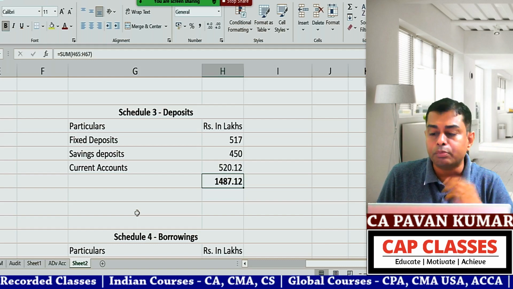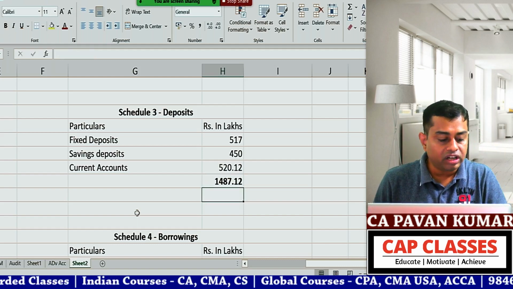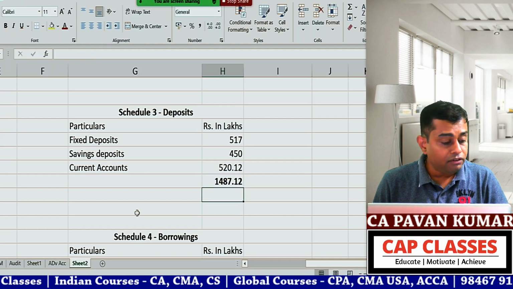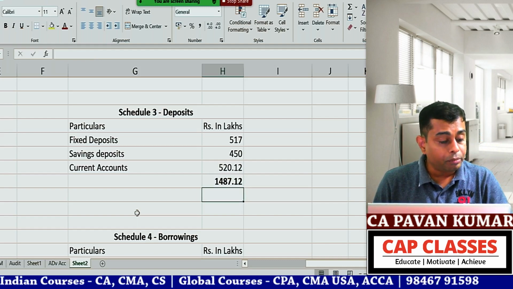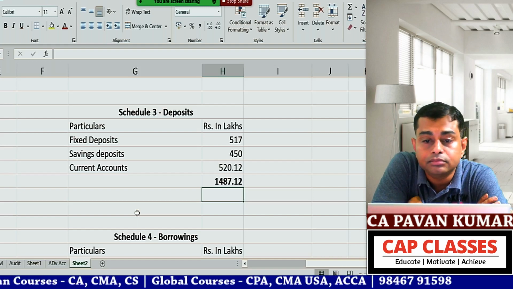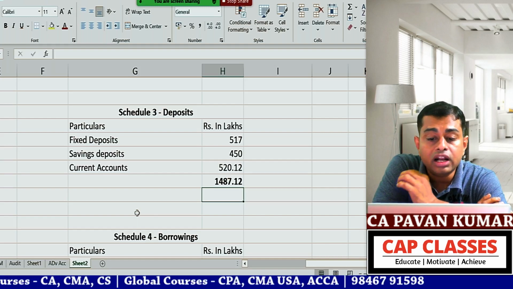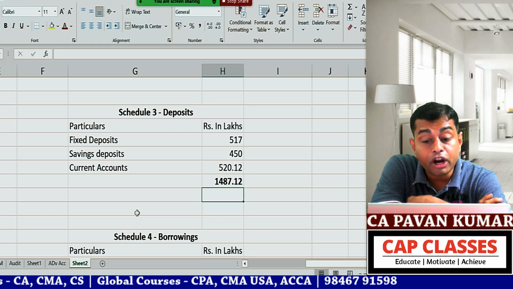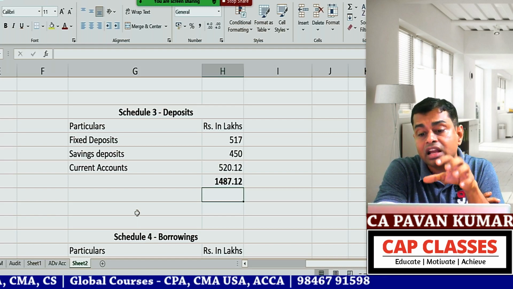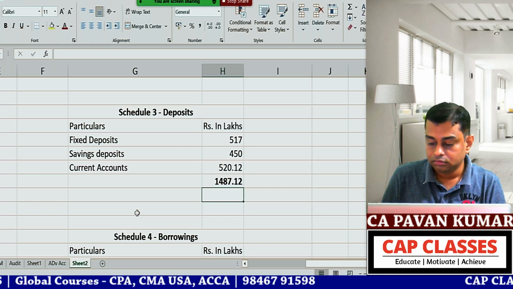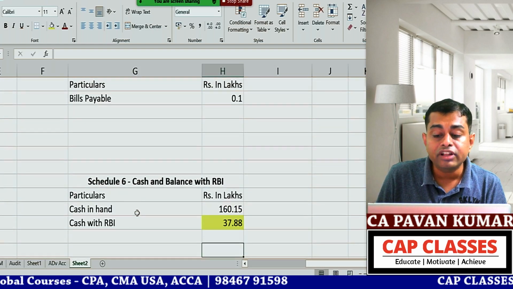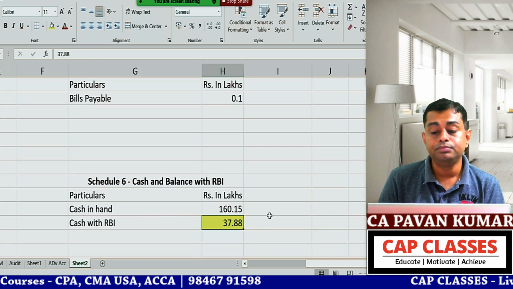Imagine they have given 4% rate. Okay, so take calculator, calculate 1487.12 into 4%. Calculate and tell me how much it is. Guys, total 59.48. So this should be money with RBI. But what is the amount you have with RBI? 37.88 only.